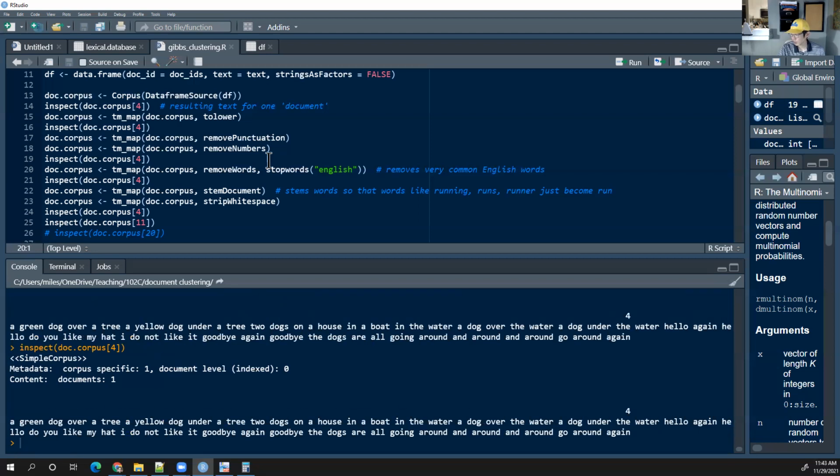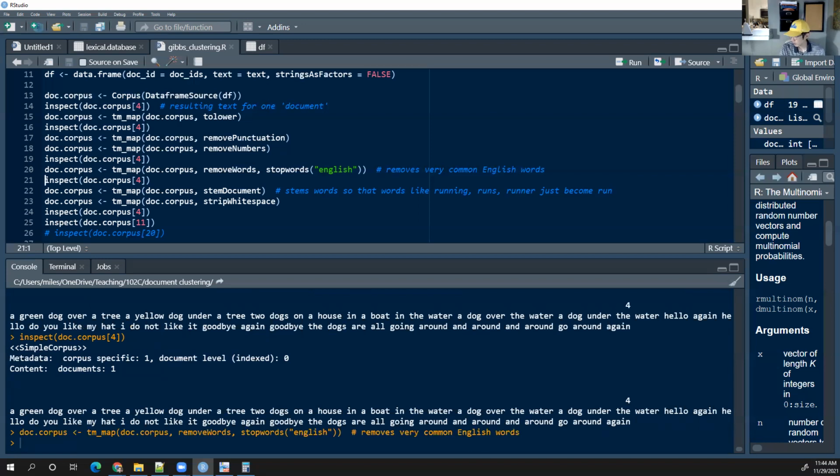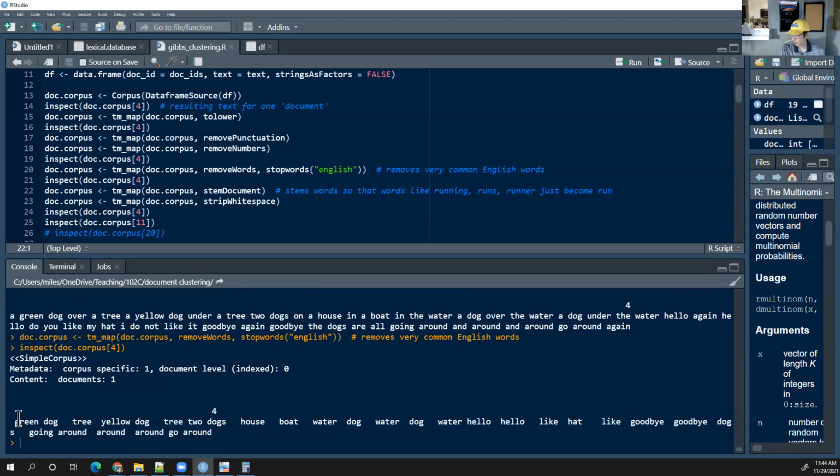And then we'll remove all English stop words. This is going to remove common words like a and the and stuff like that. So here it is with the stop words in. Once I remove the stop words, it really shrinks it down.